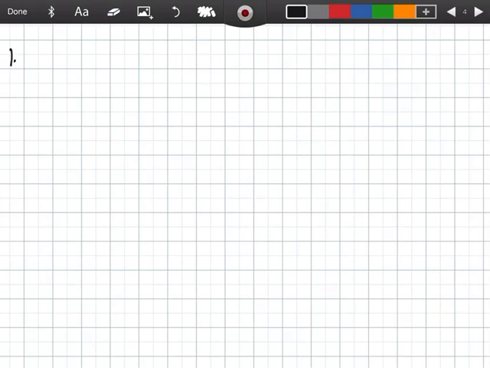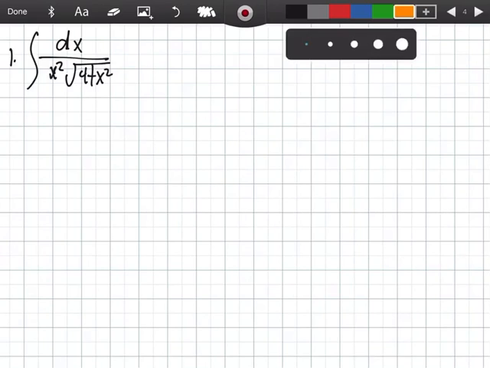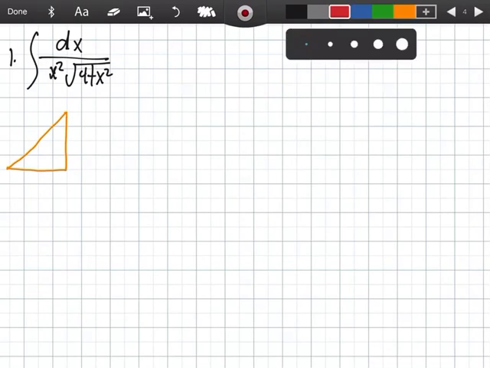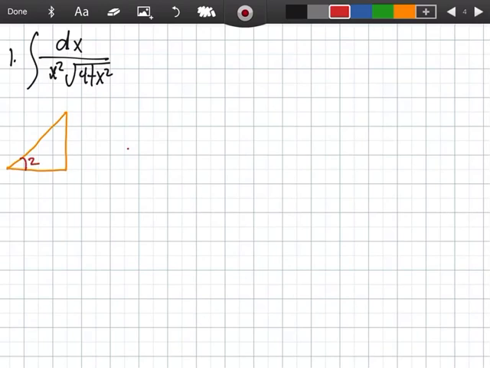First problem: the integral of dx over x squared times the square root of 4 plus x squared. How does trigonometric substitution work here? In trigonometric substitution, we transform the variables into a right triangle with z as an angle. The expression is the square root of 4 plus x squared.